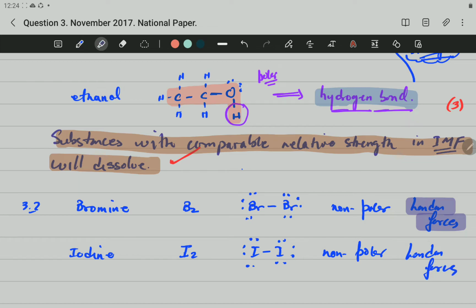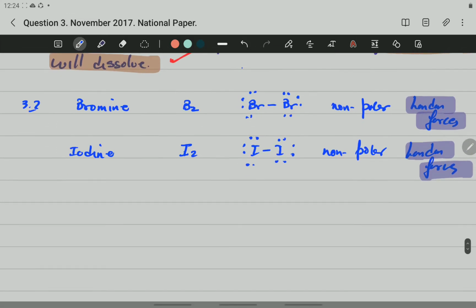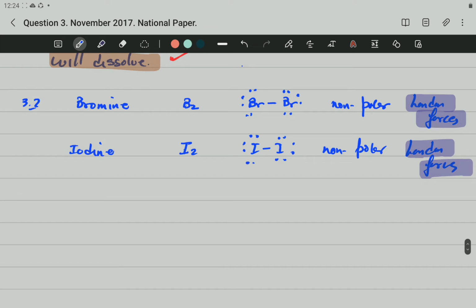So both of them have the same type of intermolecular forces. So why is the boiling point of iodine much higher than bromine? What is the difference here? The difference will be the size, the molecular mass.